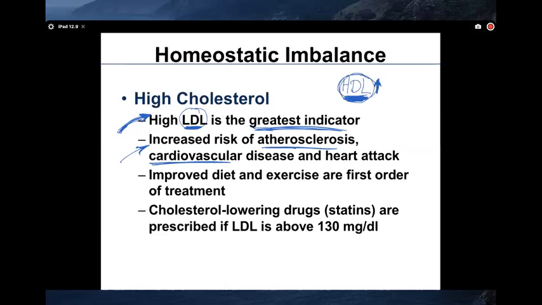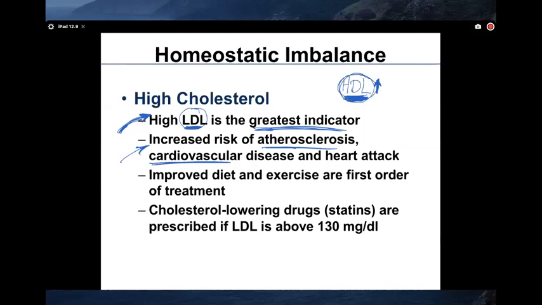You can't just make a decision about the patient by having one reading. All right. If you want, we can discuss the steps of the cholesterol metabolism after we're done today.